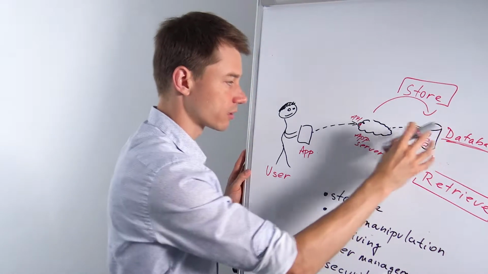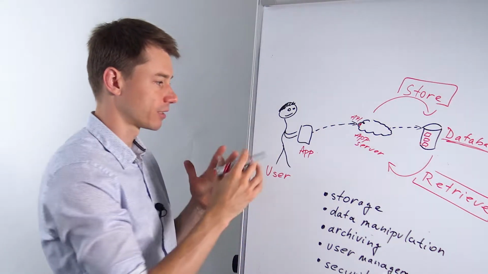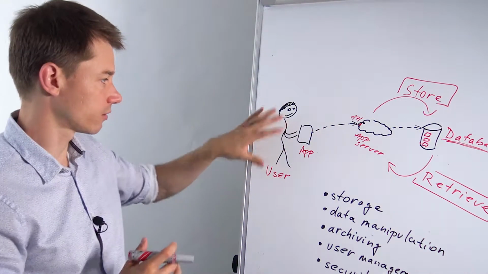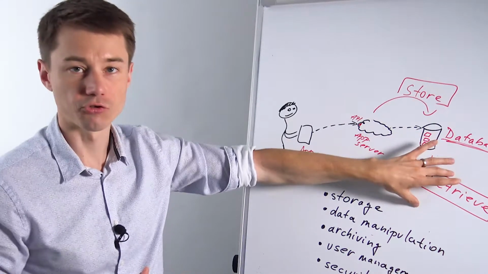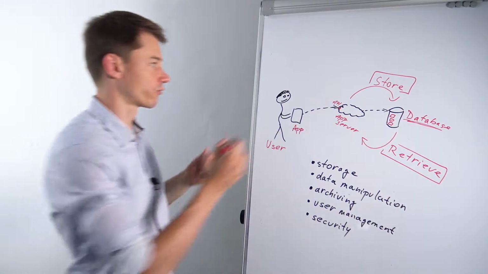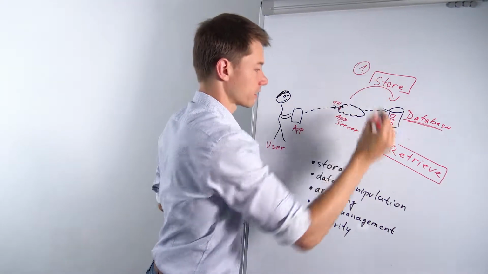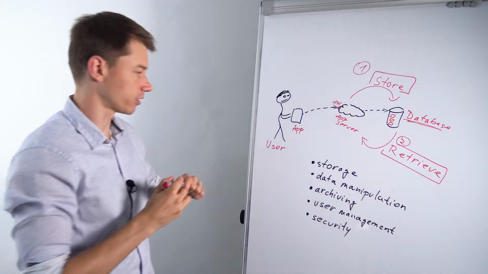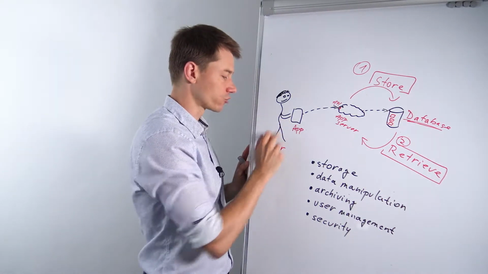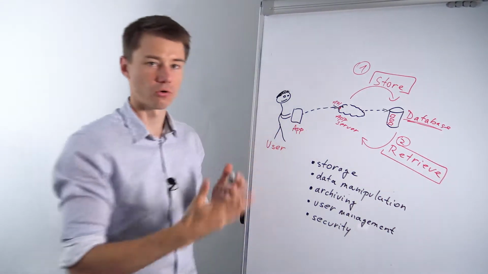A database server is something that allows users and systems to store and retrieve data. First store, second retrieve. And this seems straightforward, right? You have an application, and a user wants to store some data.